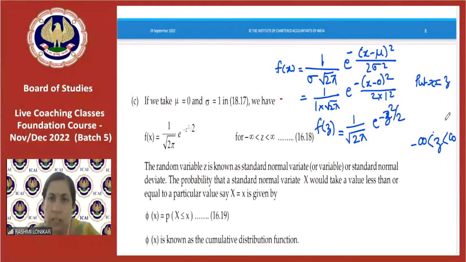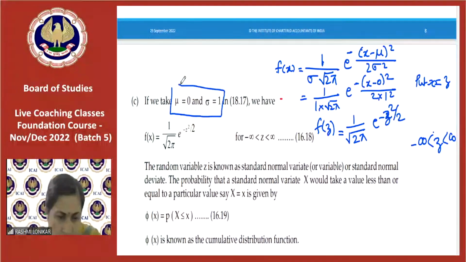So what we have done is, this is important, we are substituting mu is equal to 0 and sigma is equal to 1. When we put mu is equal to 0 and sigma is equal to 1, the random variable z is then called a standard normal variate.